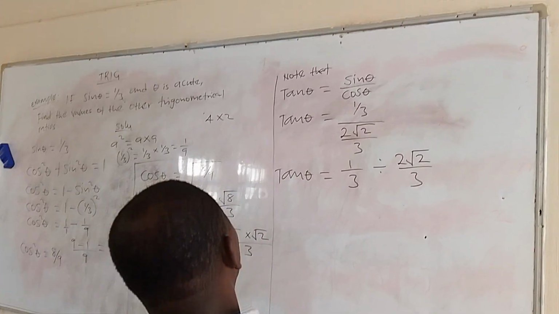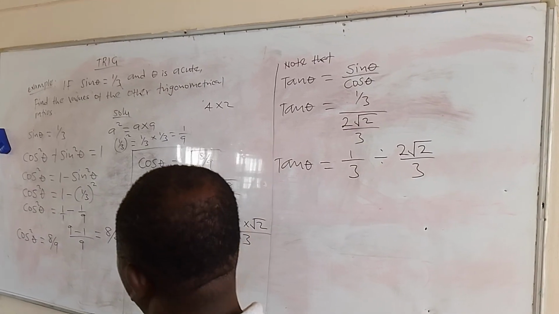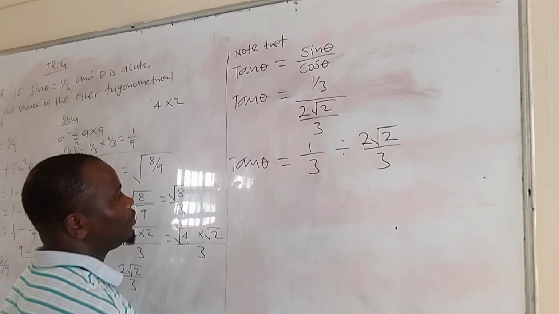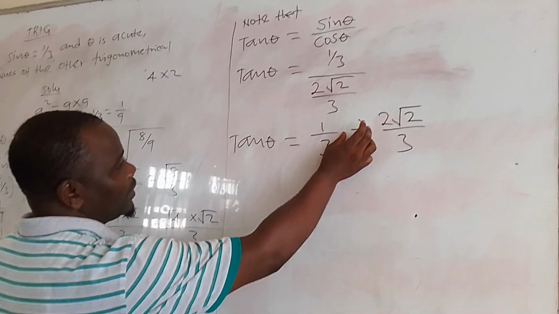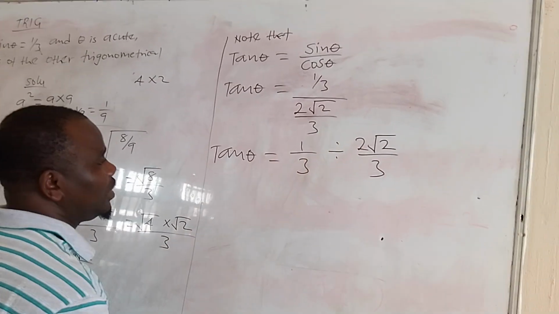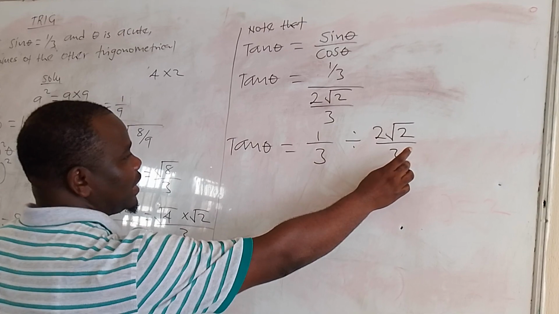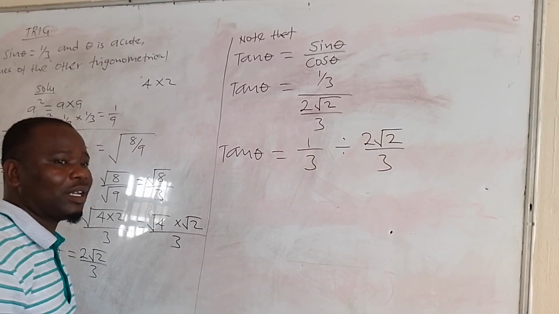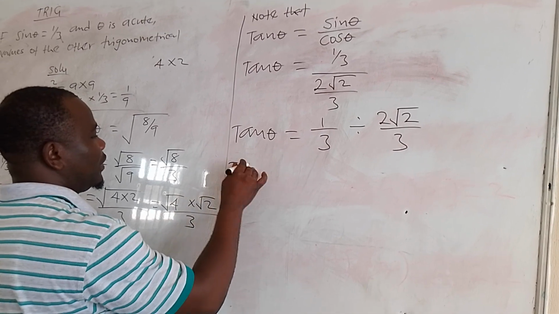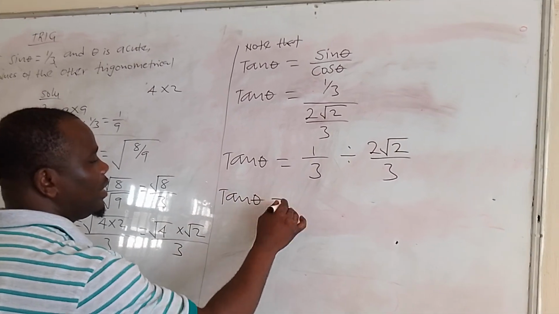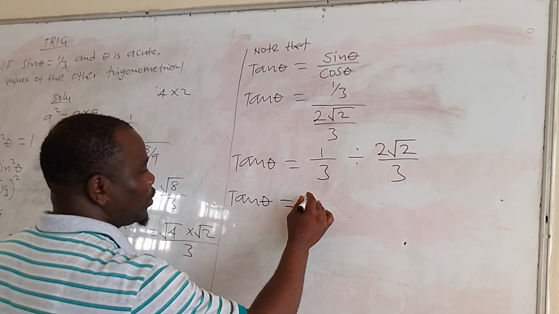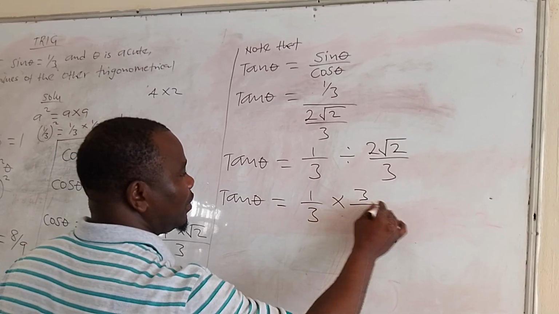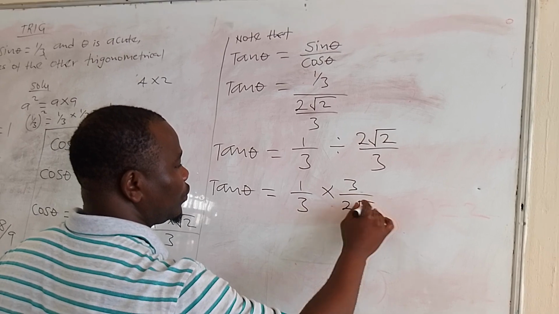Now, if we have in mathematics something of this form, we are going to convert this to multiplication. Then this denominator will now come up, this numerator will now come down. Are you following? So our tan theta is equal to 1 all over 3 times 3 all over 2 root 2.